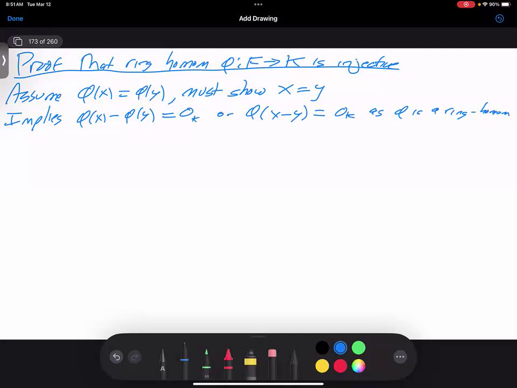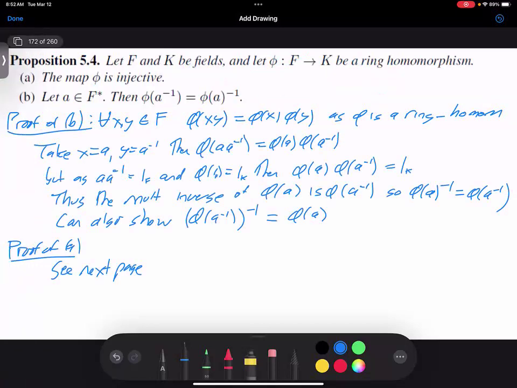Do you think that this is a good thing to be using? Do you think the fact that phi of a sum is the sum of the phis, or phi of a difference is the difference of the phis, should be coming into the proof somewhere? Maybe. Well, what are the conditions of the theorem? The theorem is that the phi from f to k is a ring homomorphism.